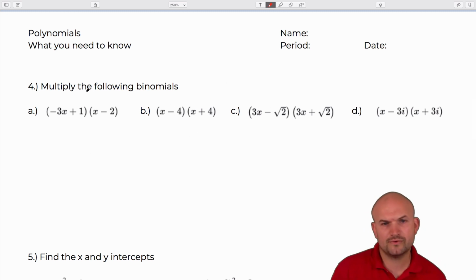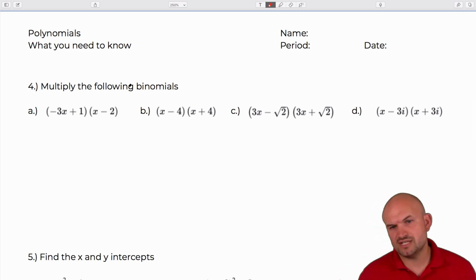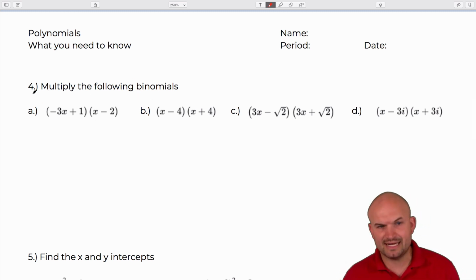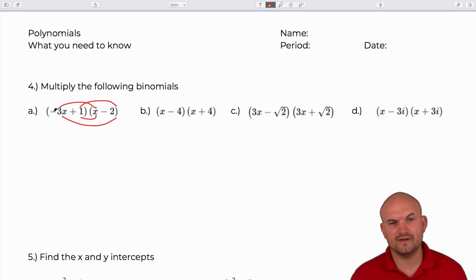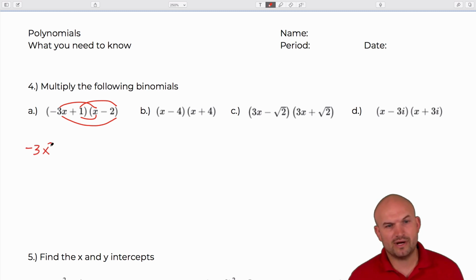So I'll work through those two, but there are also some things that we need to recognize here. In this case, everything needs to be multiplied by itself. So negative 3x times x is a negative 3x squared. Then we could do negative 3x times 2, which is going to be a positive 6x.